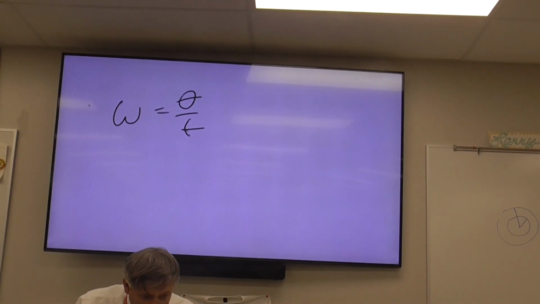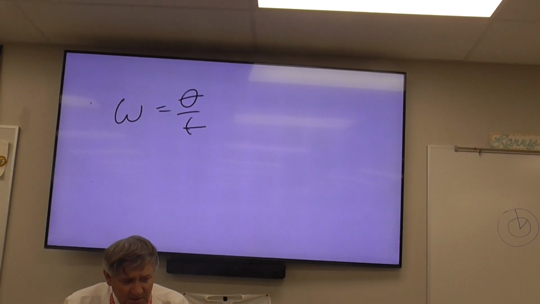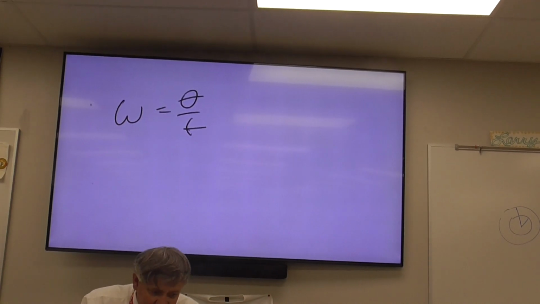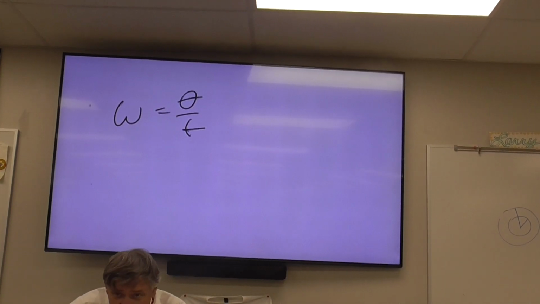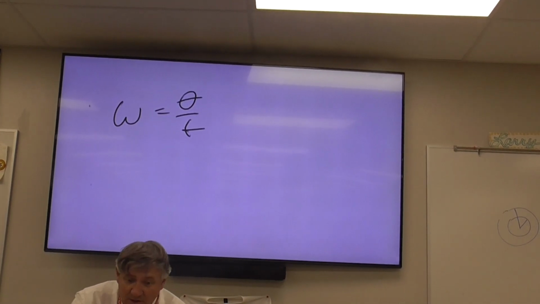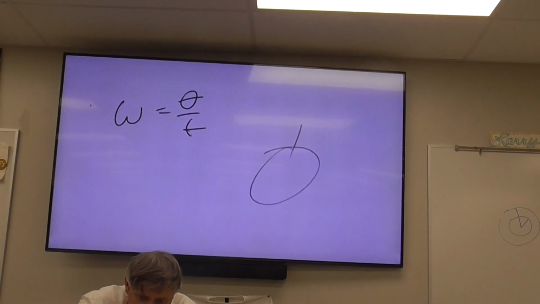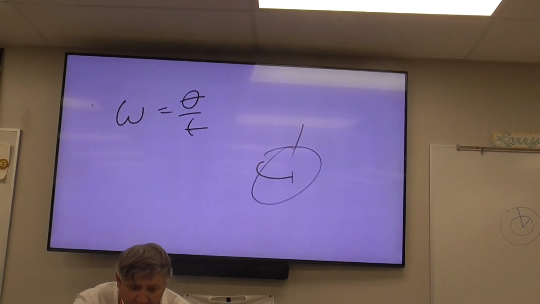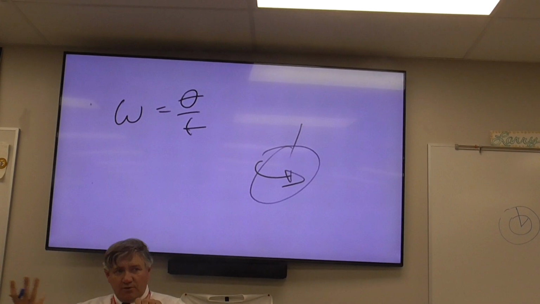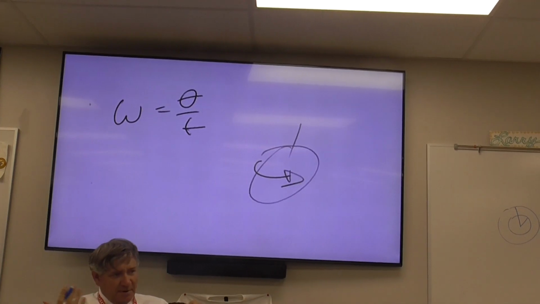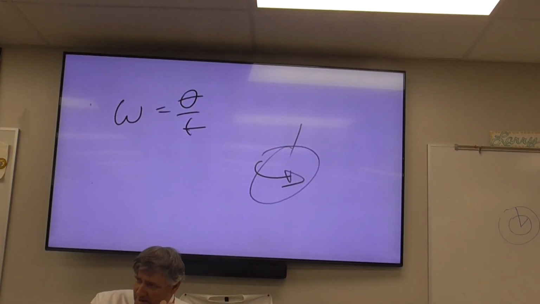So if you look at number 4, what's the angular velocity of the Earth as it spins on its axis? That should be a really small number. As our rock spins, every point on the Earth travels through 2 pi radians in 24 hours.